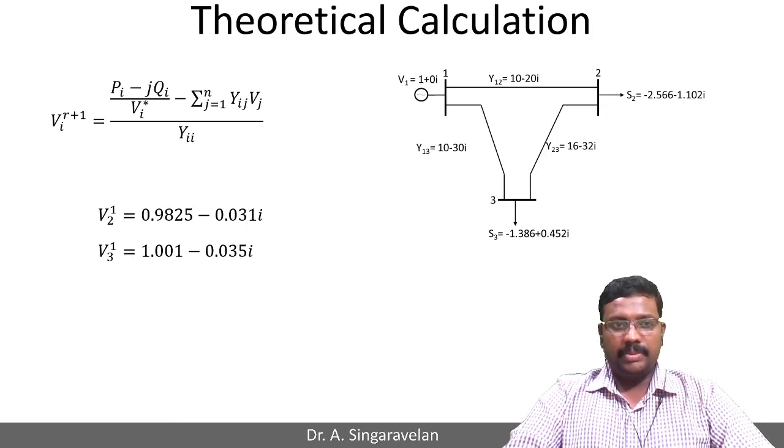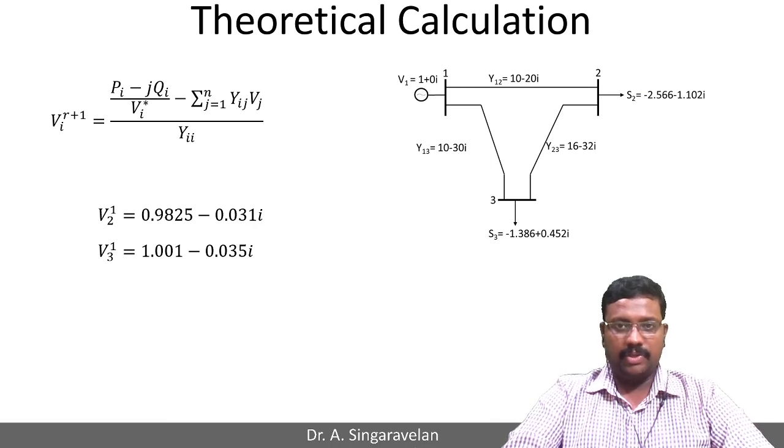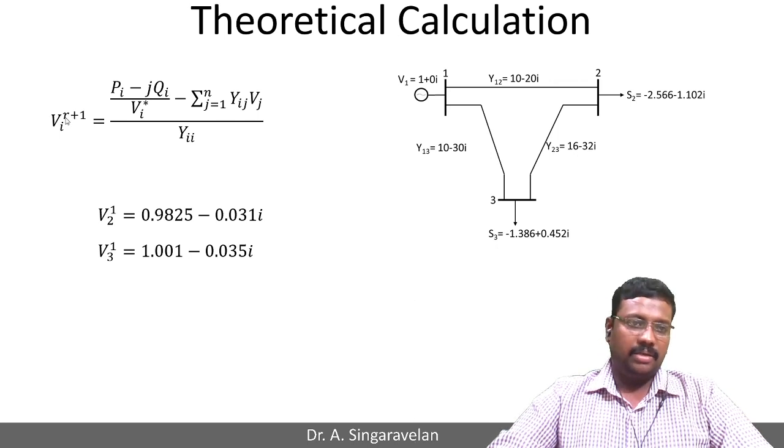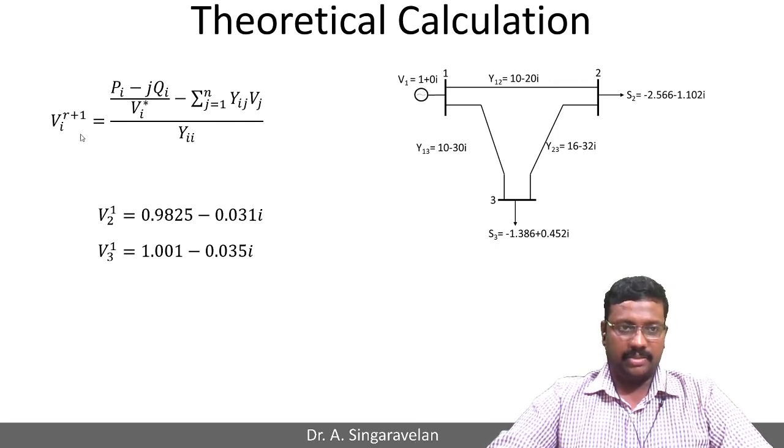As I already mentioned, the formula is very simple. For the new iteration, the iteration number will be r plus 1. Always r is 0, and plus 1 gives the first iteration. The iteration number is written in the superscript of the voltage value, and the subscript 2 is bus voltage 2, and similarly bus voltage 3.